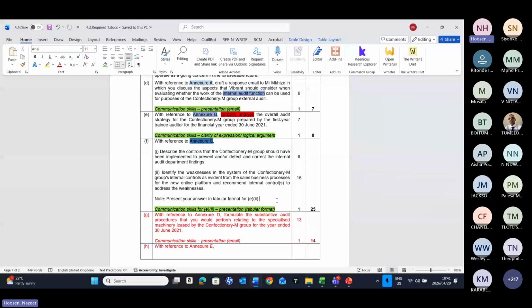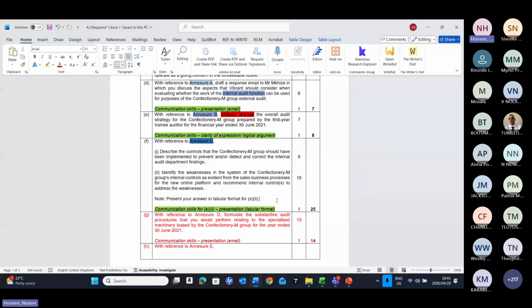So what we are asking for here is to describe the controls that you would ideally like to implement, not how you would test them. Does that answer your question? Yes, it does. Thank you. You're welcome.